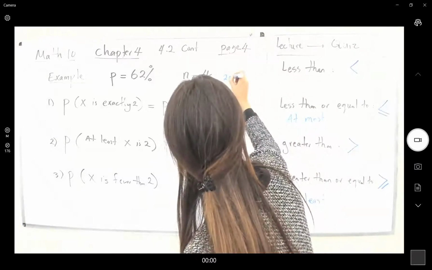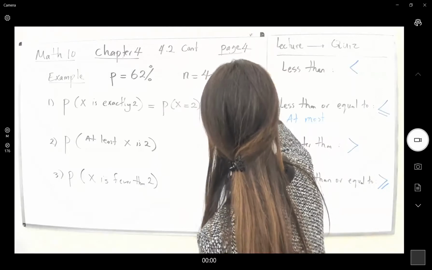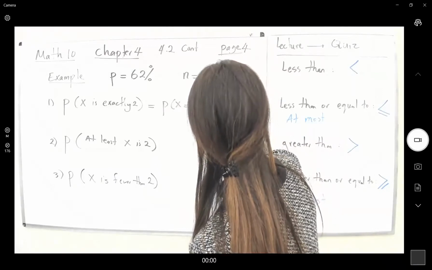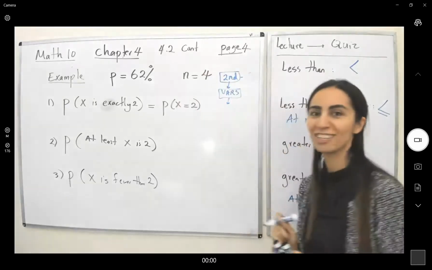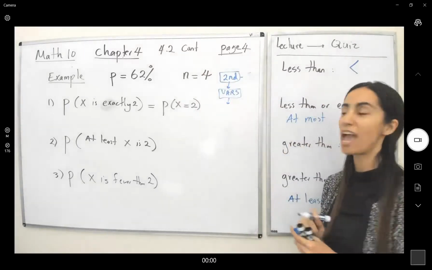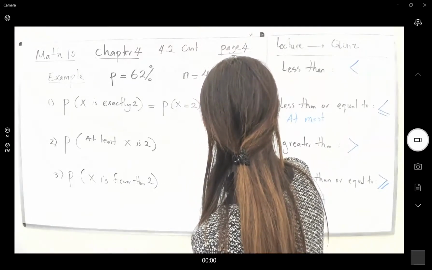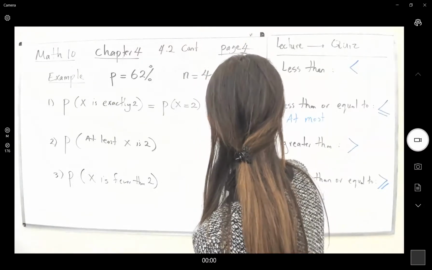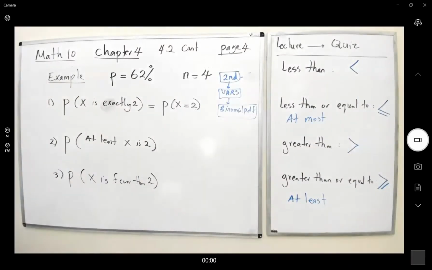Go to second, vars, binomial PDF. Binomial PDF. And find the probability here. Okay, take your time.